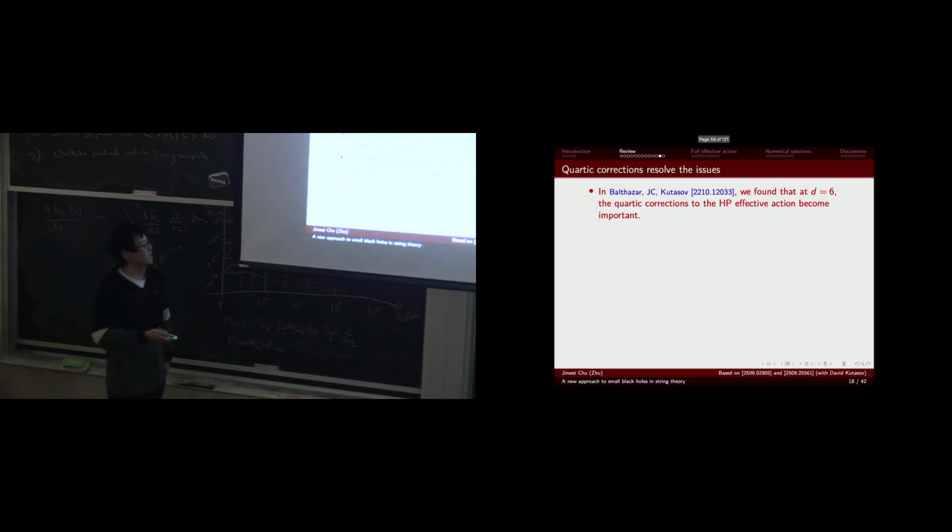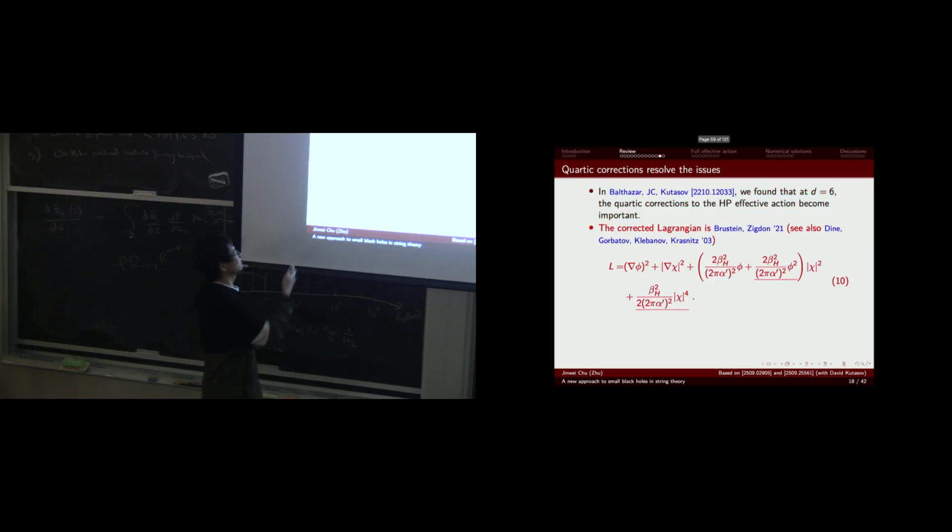What's the problem? So actually, this problem has already been solved by Bathilda, who actually was a postdoc here, and Kudasov and me. In particular, we found that the Horowitz-Polchinski action is just valid to leading order, but that the subleading terms, which are some quadratic terms, can resolve the issue.